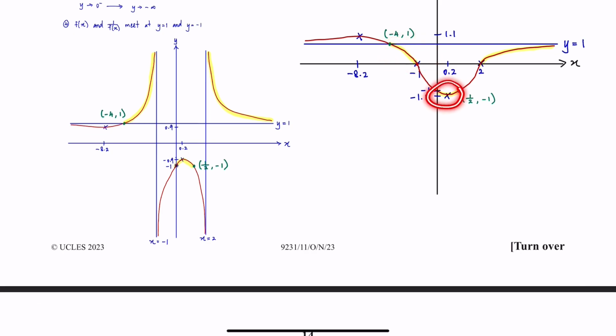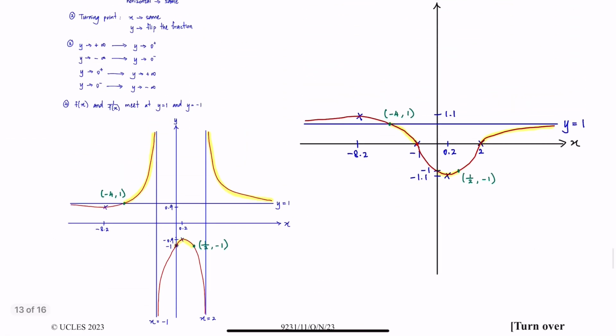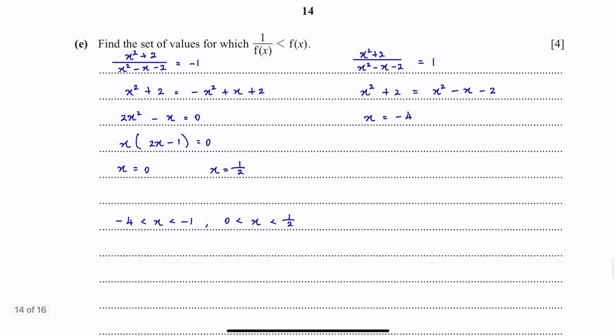And for this region, it's 0 less than x less than 1 over 2. And for the third region, which is here, it's basically x larger than 2.